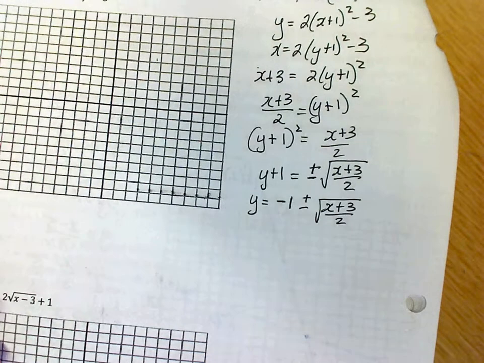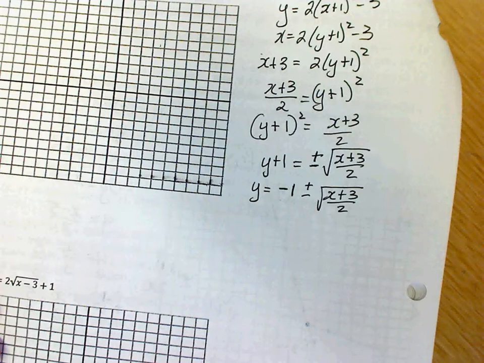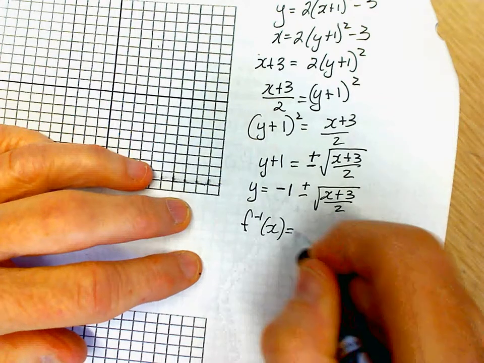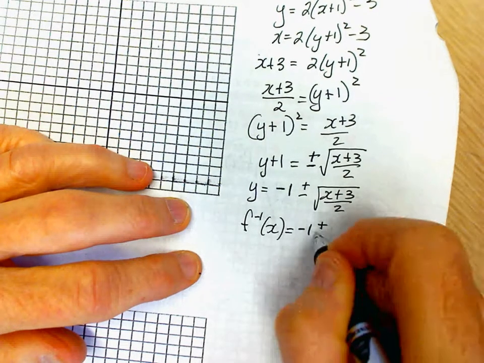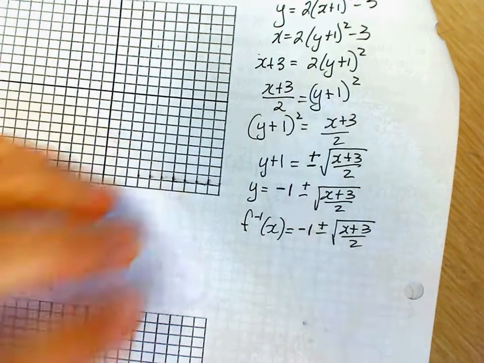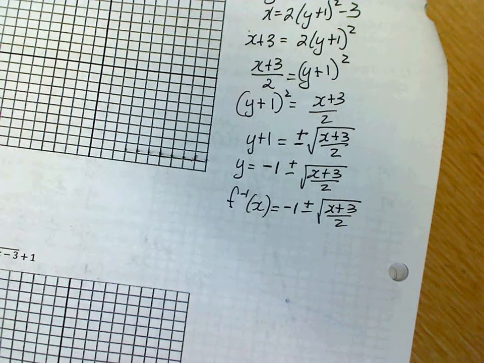And we can leave it at that. So f minus 1 of x equals minus 1 plus or minus square root of (x plus 3) over 2. And if you wanted to simplify it further to rationalize the denominator, we could, because notice we have a square root of 2 on the bottom.